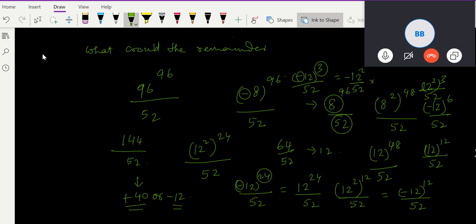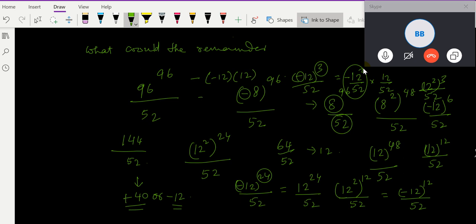I'm just talking about the remainder. 12 squared by 52 is again minus 12. So minus of minus 12 into plus 12 gives 144 divided by 52, which would be minus 12, that is equal to 40.